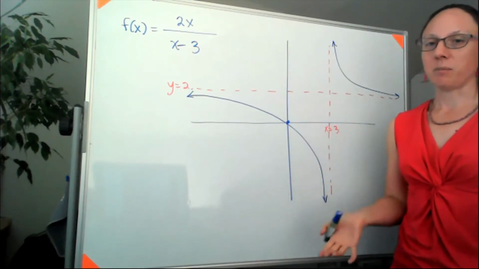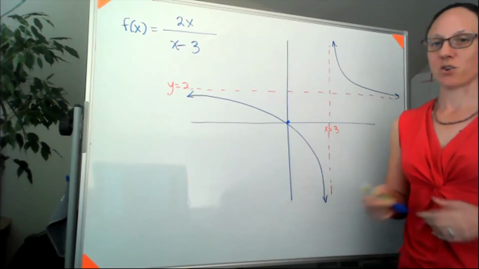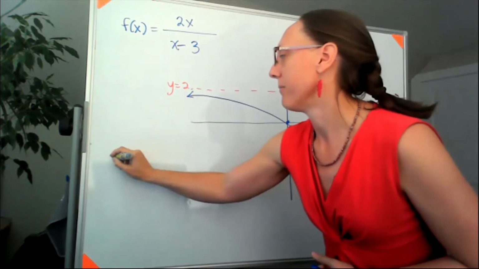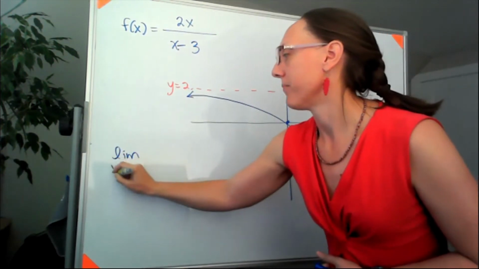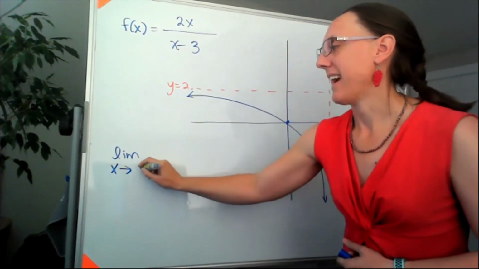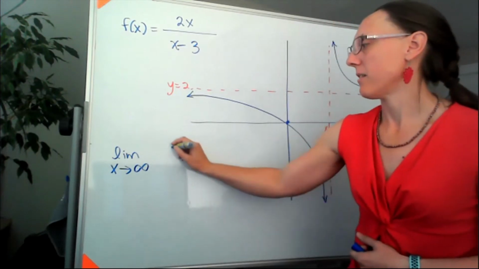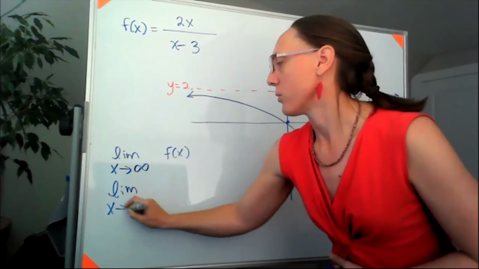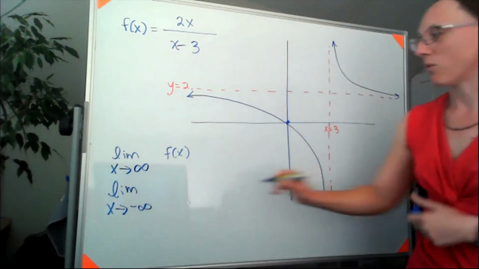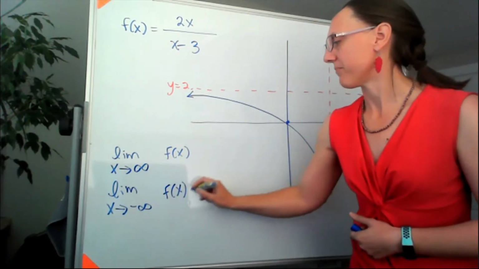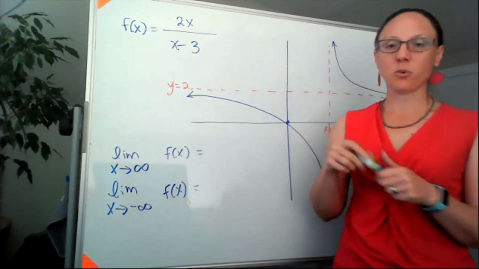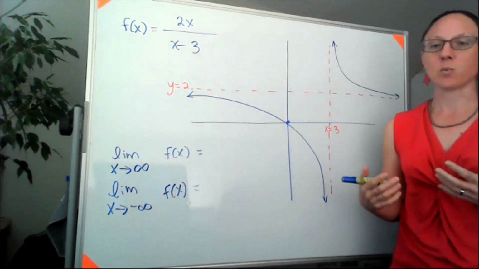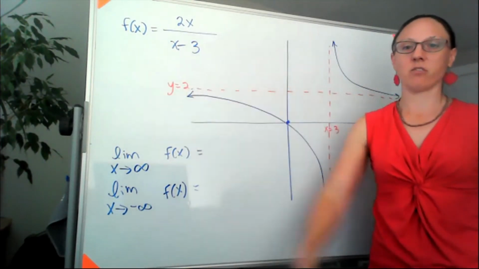The particular limit questions that we might concern ourselves with here are the limit as x approaches positive infinity for that function, and the limit as x approaches negative infinity for our function. These two together are asking us what's happening way out on the edges of the graph.